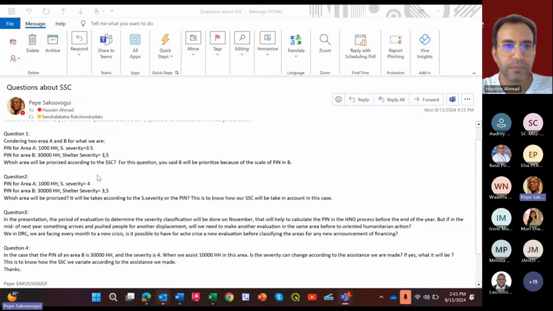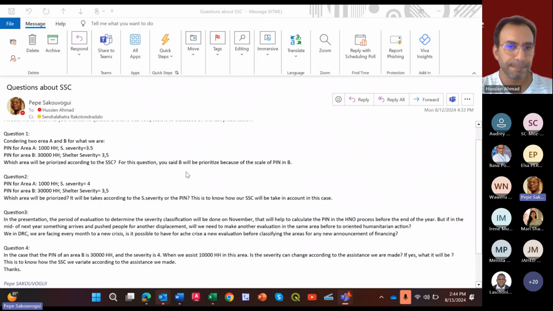In this case, which area will be prioritized to have shelter action? In this question, you said that we will see the scale of displacement for the PiN, and we can decide to orient our action more toward area B than area A. So that was the first question we discussed last meeting.